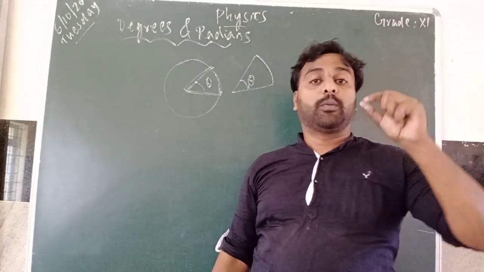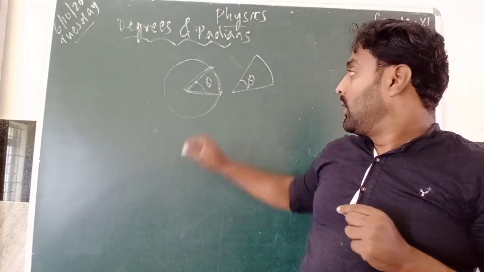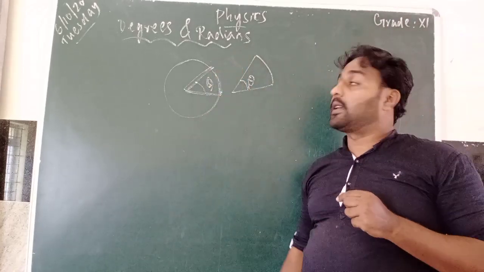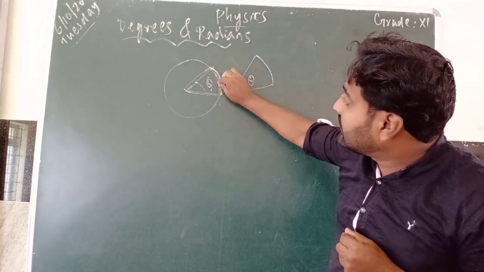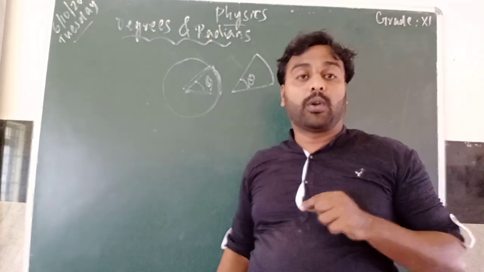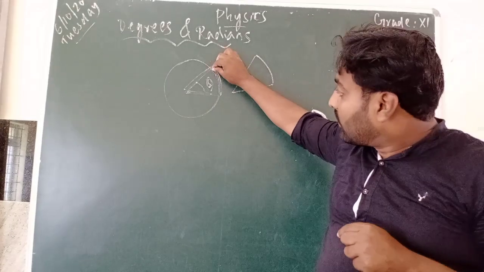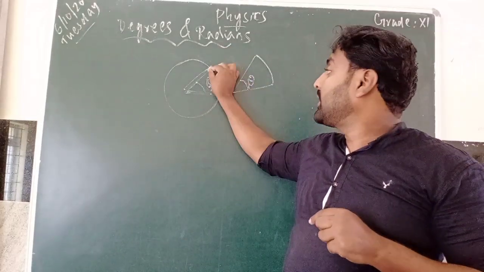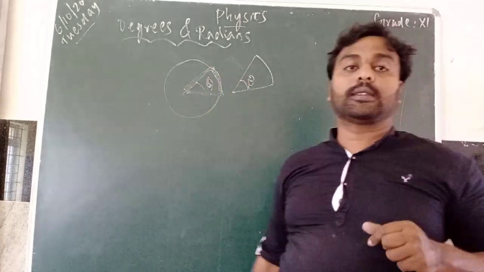Subtended means at a particular point. So the planar angle subtended by a circular arc, this is a circular arc, at the center of the circle. That is what we call a radian.